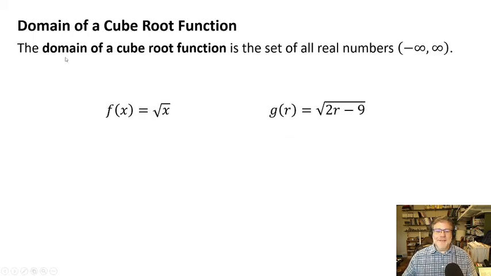Okay, and I'm concerned that there might be an error on your slide here, so let's watch this fairly carefully. But you've seen from the previous discussion on the previous slide that it's okay to have a negative radicand when you've got a cube root or any odd root whatsoever. And so the domain of a cube root function or any odd root function is the set of all real numbers from -infinity to +infinity.